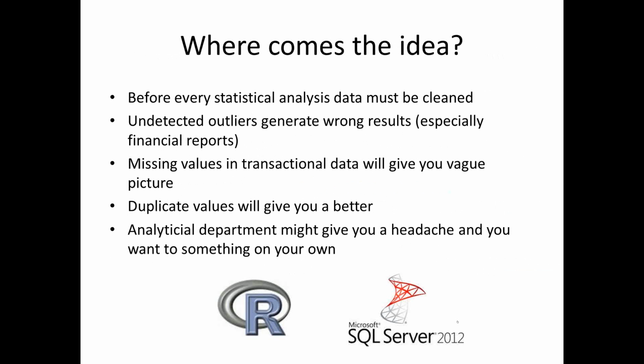Also, missing values in transactional, as well as missing values in dimensional data, will give you a vague picture. I'm not going to say wrong picture, but vague picture, because those missing values are always a pain. For instance, you have gender, you have 30% men, 65% female, and 5% I don't know what.